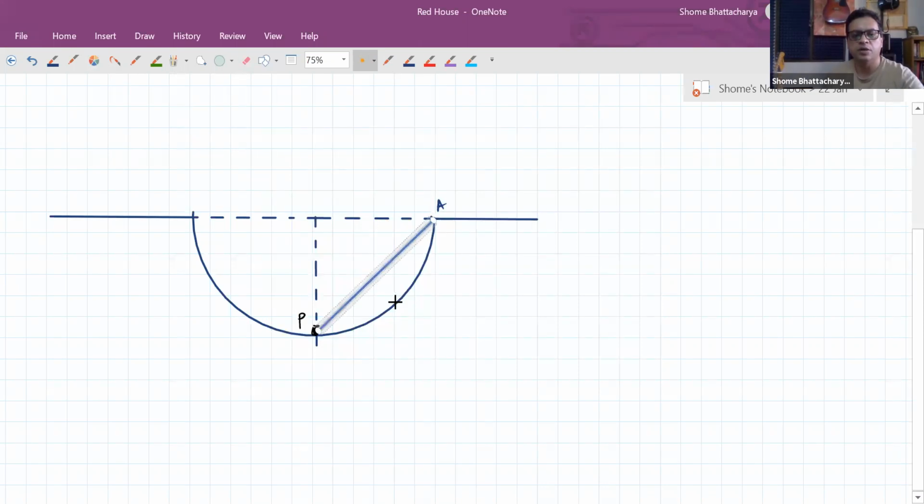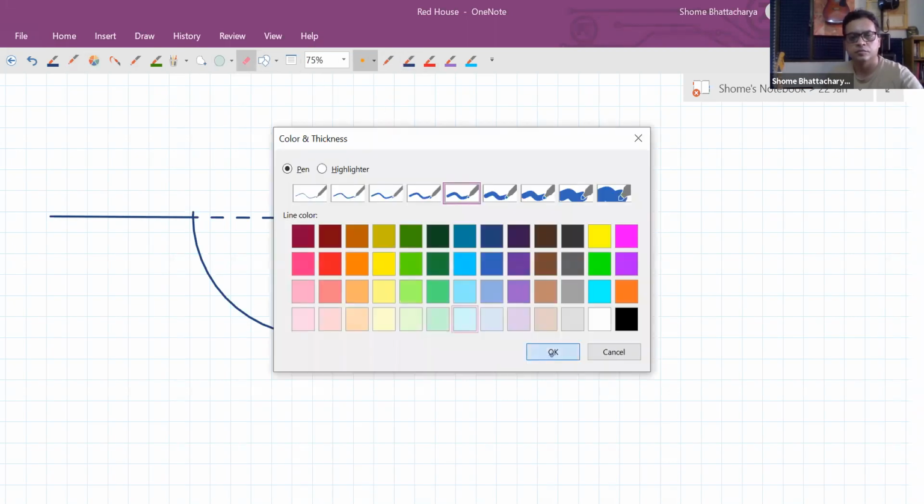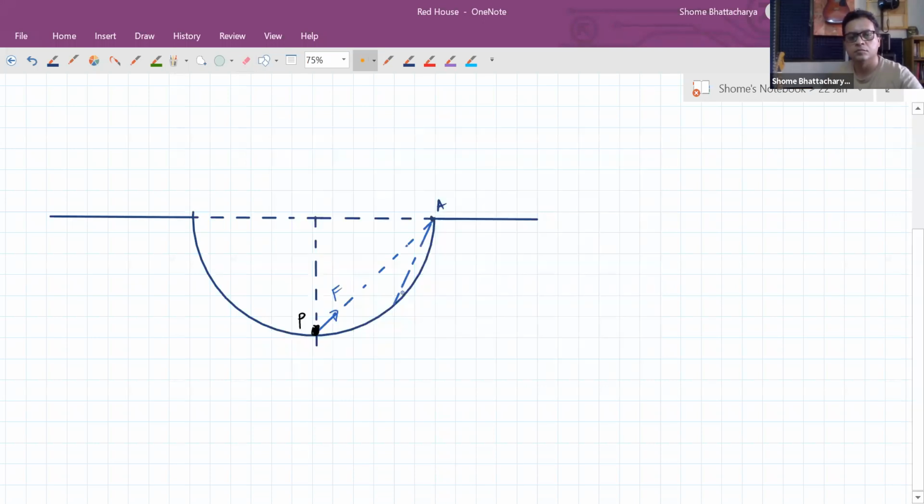Whereas if it's at some general point like this over here, the direction of the force is like this. So force of constant magnitude always points towards the point A, and acts in that particular manner on a circular path.